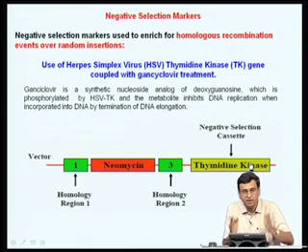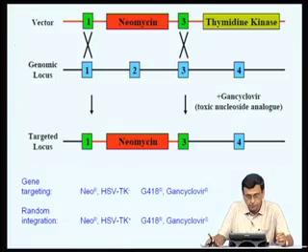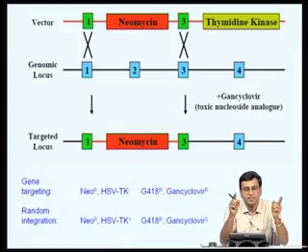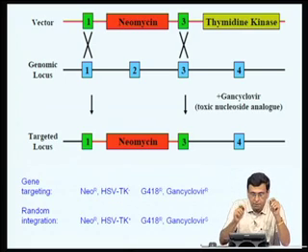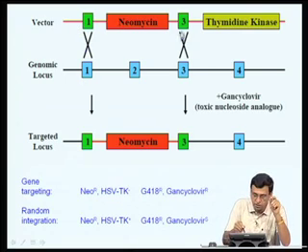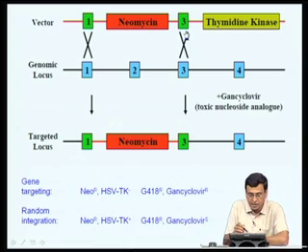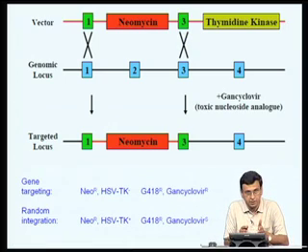So, this is basically the knockout construct that you have to make if you want to knock out a particular gene. Once you make this knockout construct, you inject it into embryonic stem cells. Recombination now takes place between these two regions of homology, and as a result only this region gets replaced.